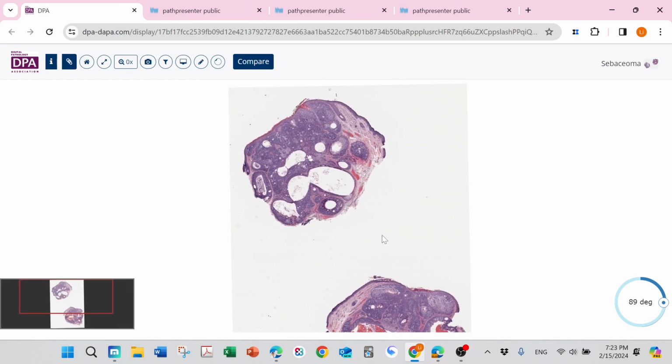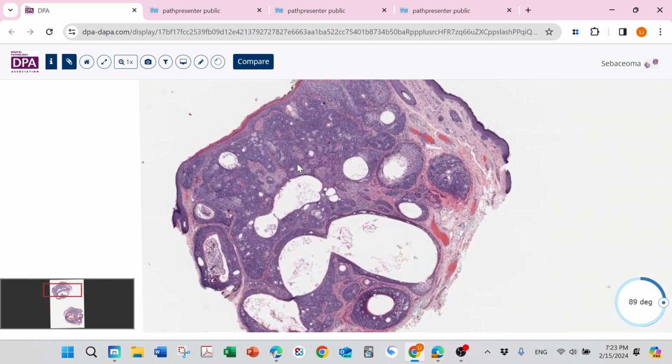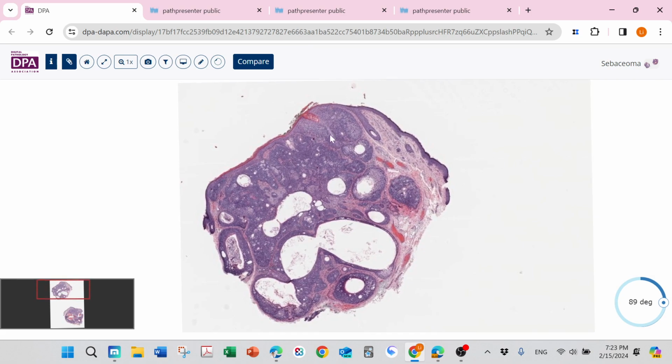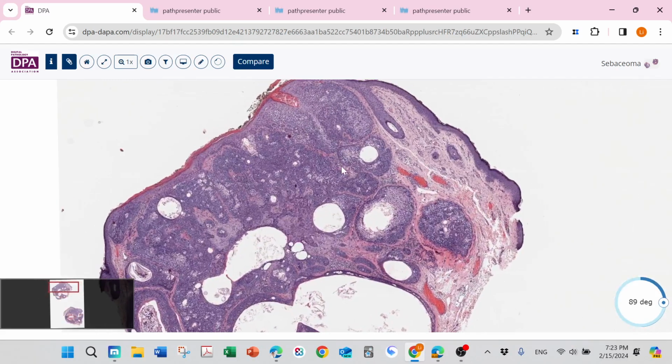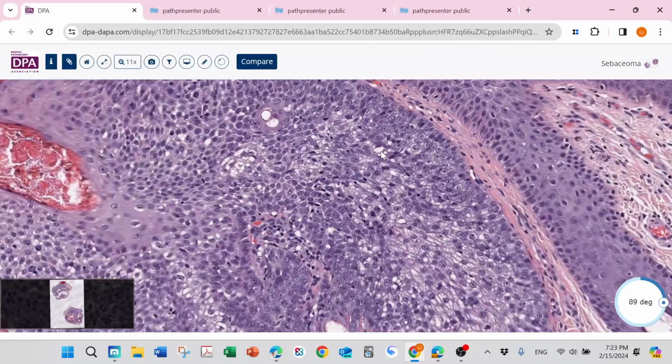This is sebaceoma. Even at low power, we can tell we have some sebaceous differentiation, bubbly cells, but other than that, we have more of these basaloid, primitive, hyperchromatic cells around. The overall architecture, if you draw a line here, is kind of symmetric and circumscribed. At higher power, we really look for any dramatic atypia.